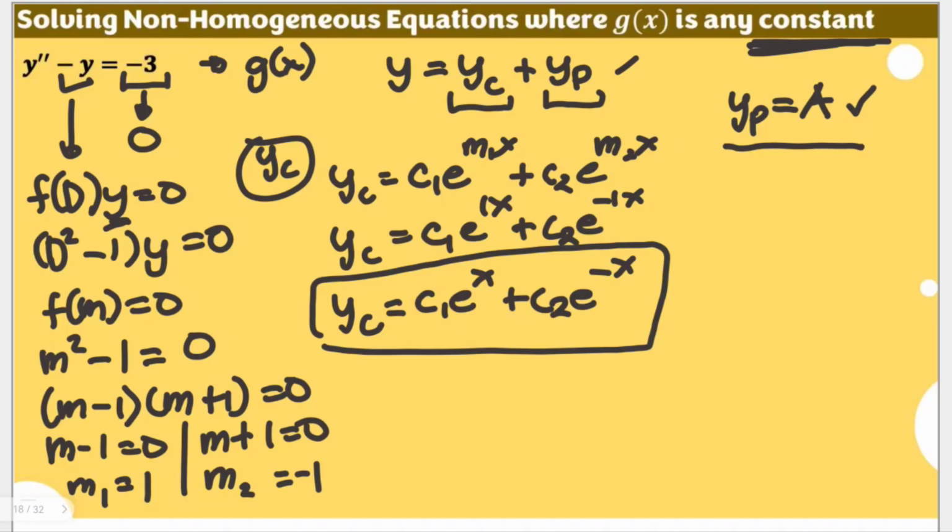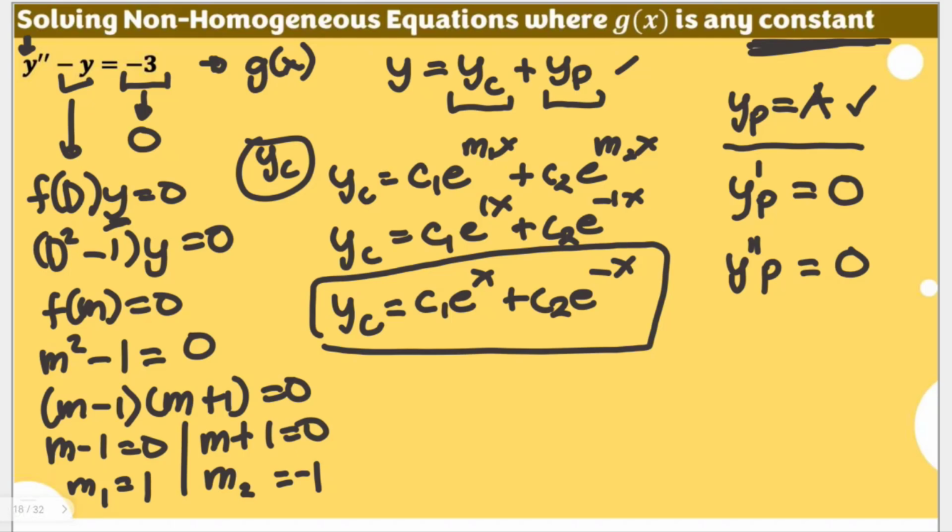The next step here in solving for y sub p is looking into our equation. The highest derivative in our equation is the second degree. So let's take the first order derivative of y sub p. And since a is constant, the first order derivative of that is 0. Then we go to the second order derivative because that matches our highest degree here, still 0.